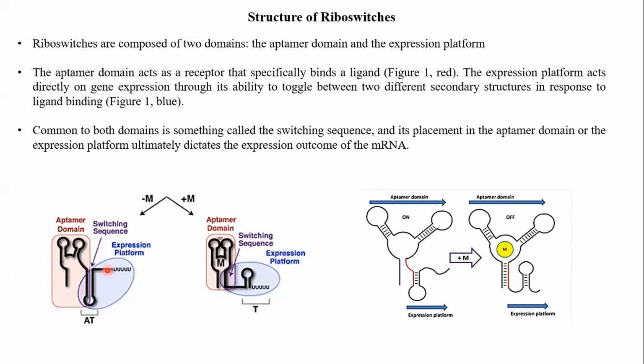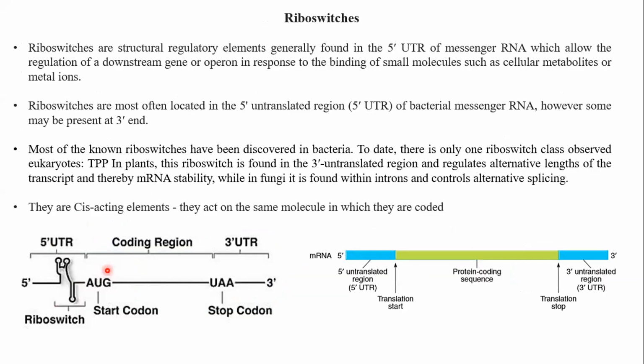Now let's go back to the definition of riboswitch and read it again. Riboswitches are structural regulatory elements usually found in the 5' UTR of mRNA, which allows regulation of the downstream gene. Why downstream? Because they are located in the 5' UTR, so they are present before the gene.